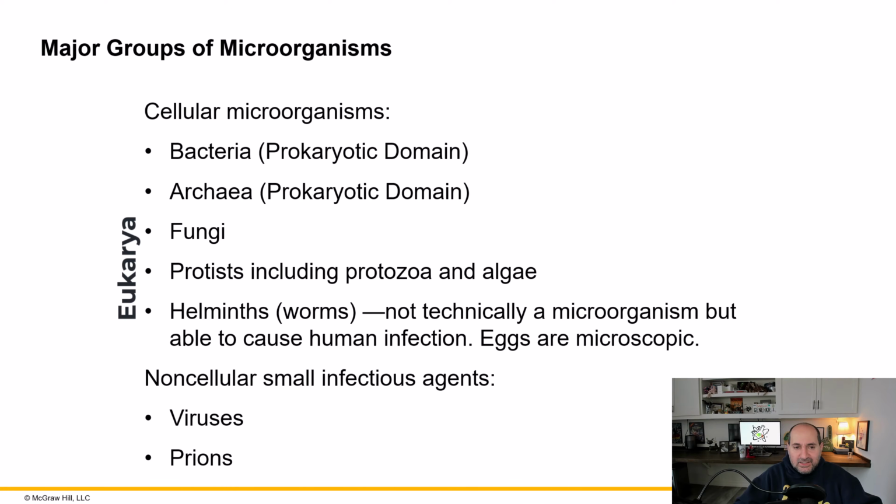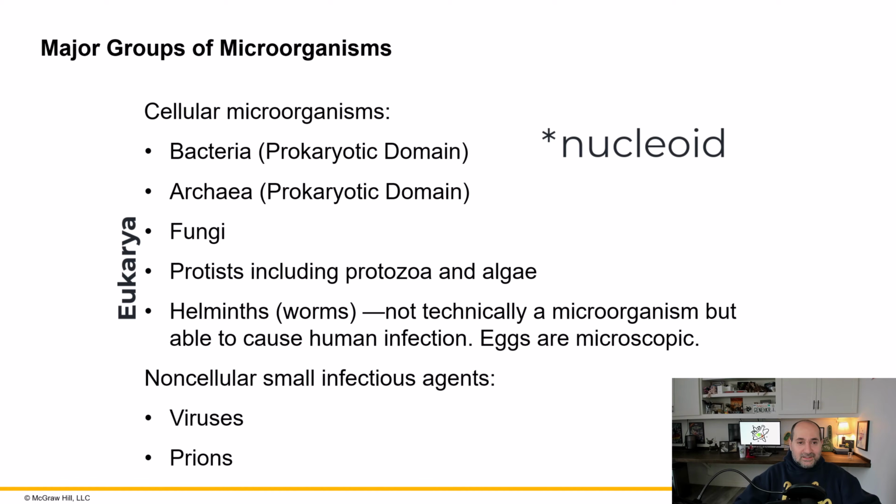Bacteria and archaea, their DNA is not inside of a membrane. Their DNA is just floating around in the cytoplasm, so it is not considered inside of a nucleus. I'll tell you what their DNA is called in a little bit, but foreshadowing, it's called a nucleoid.